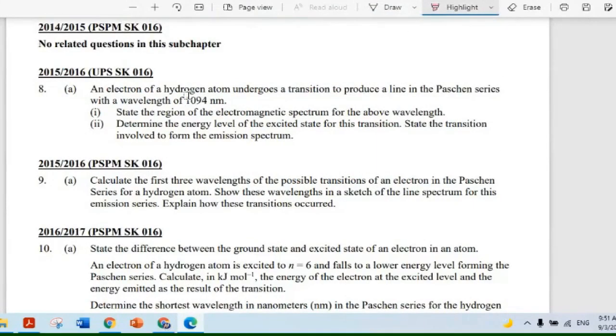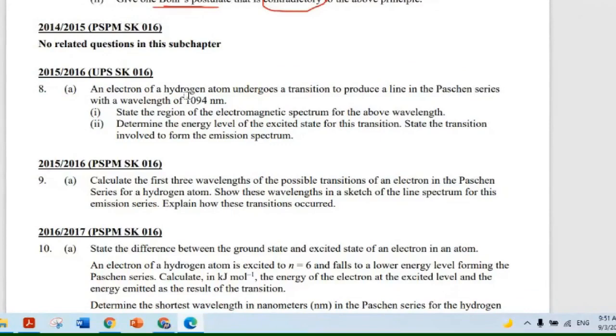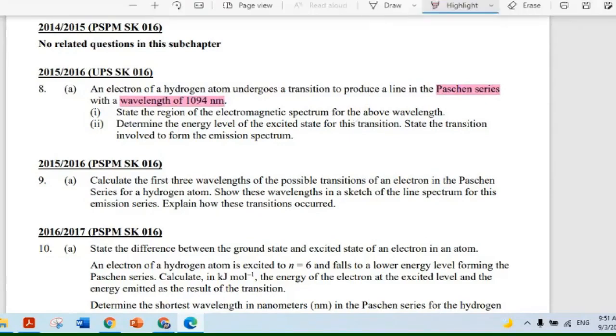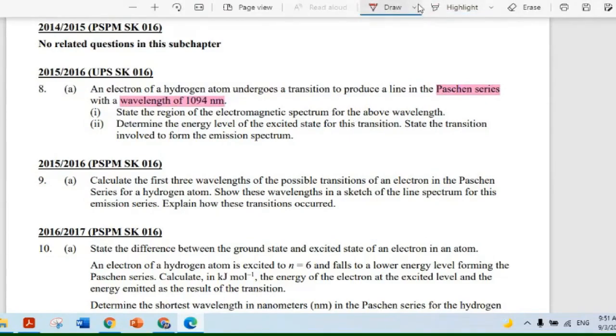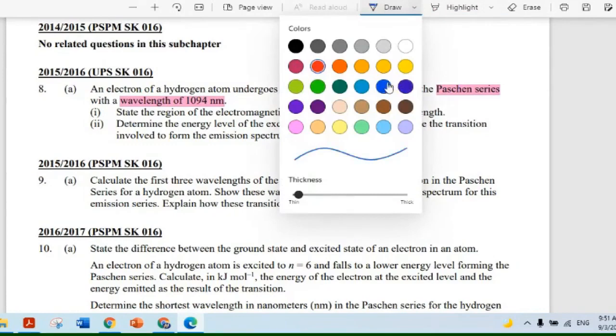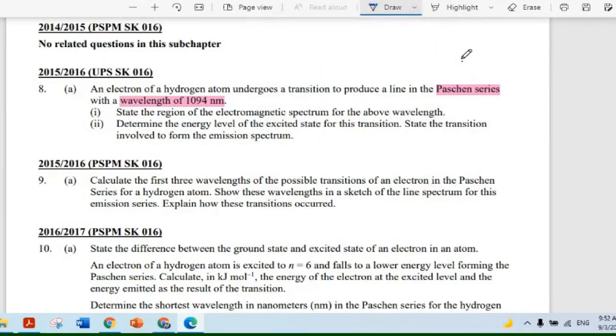Okay, soalan dia. An electron of a hydrogen atom undergoes a transition to produce a line in the Paschen series with a wavelength of 1094 nanometer. Okay, jadi Paschen series n equal to? N equal to 3.